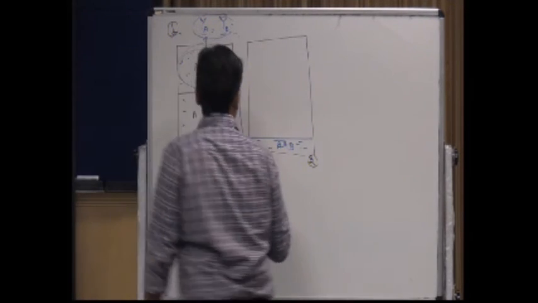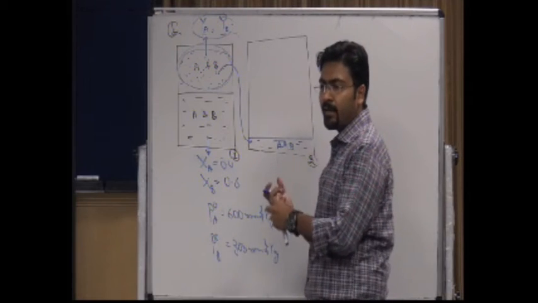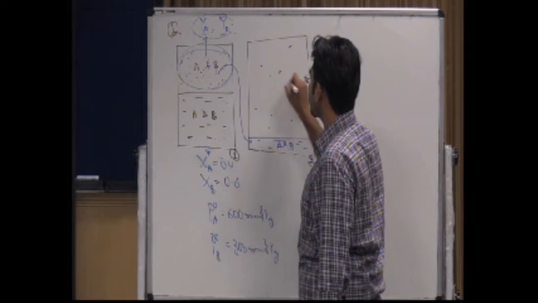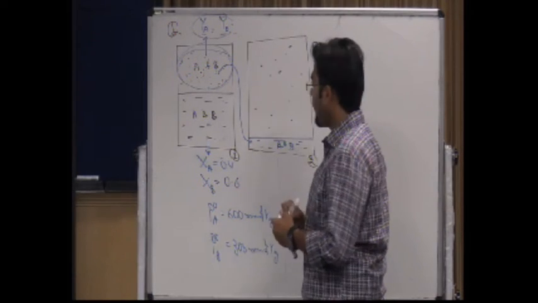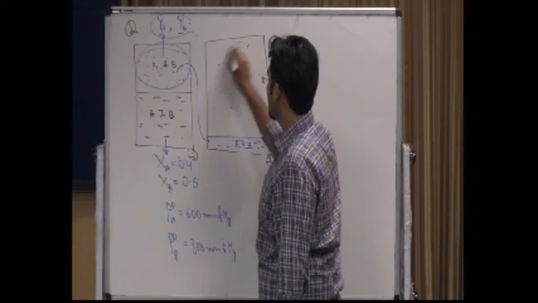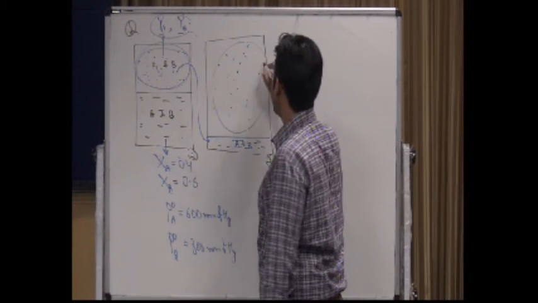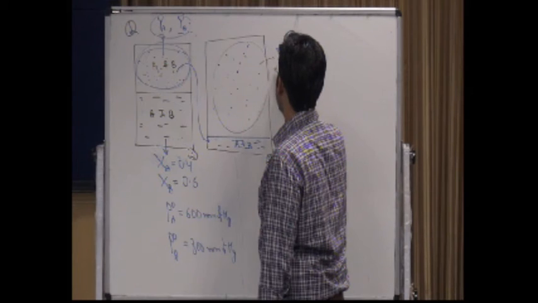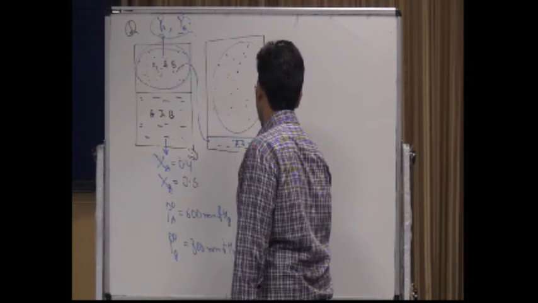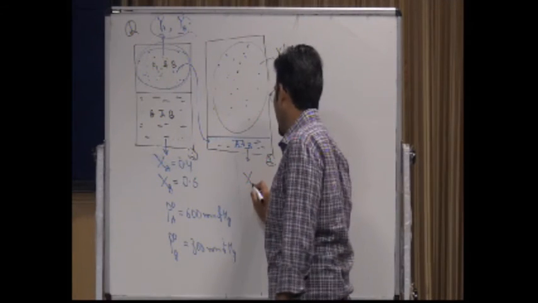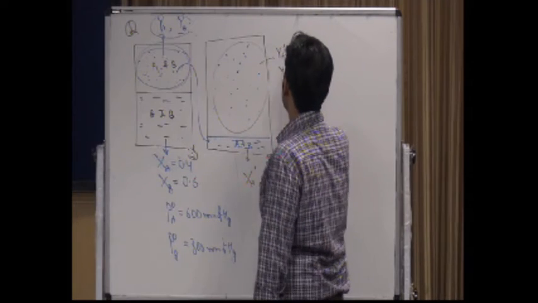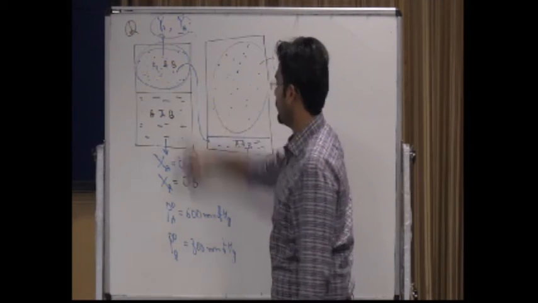Now, when the identical conditions are achieved, A will be forming vapors here, and B will also be forming vapors here. In this mixture, let's assume the vapor mole fractions of A and B are Ya dash and Yb dash, and the mole fractions of A and B in this liquid phase are, let's say, Xa dash and Xb dash. So you need to calculate these values using the same values.